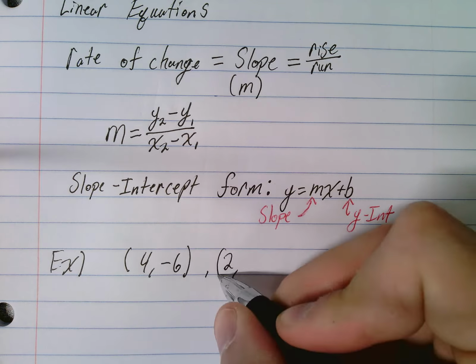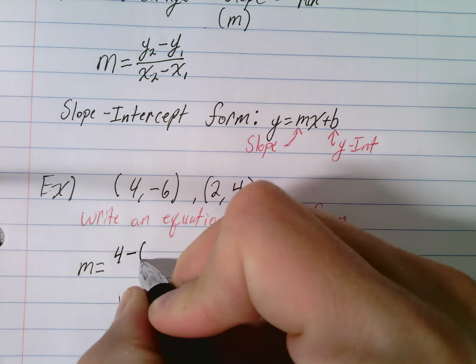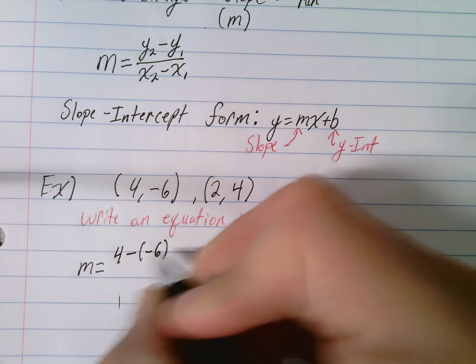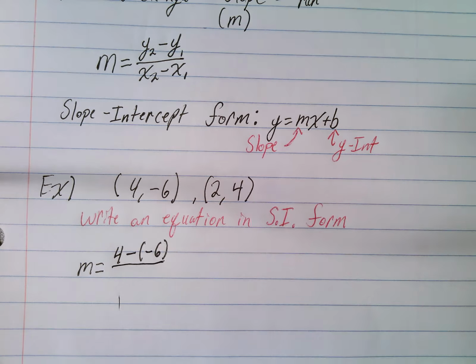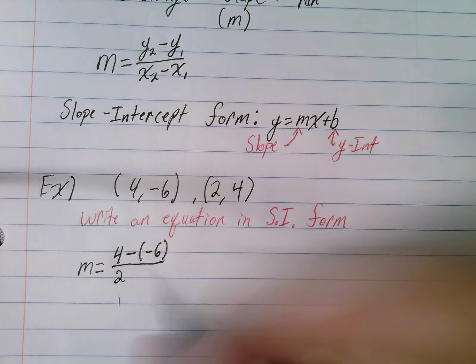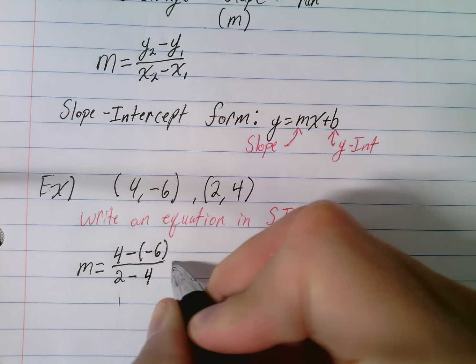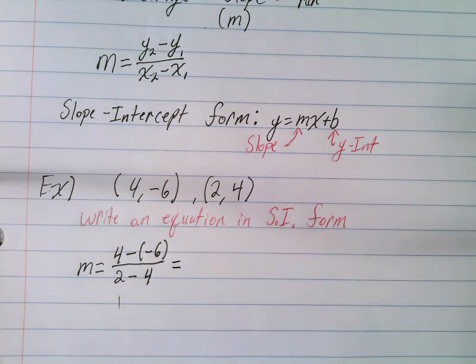We'll find our m by taking our y2 minus y1. So 4 minus -6 over x2 minus x1. 2 minus 4. What's 4 minus a -6?